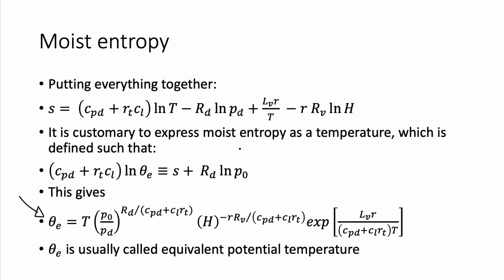The point of all this was that when you start with dry entropy, you get to the definition of the potential temperature. And if you remember, there was something like S of the dry air parcel was related to CPD logarithm of theta. Okay.